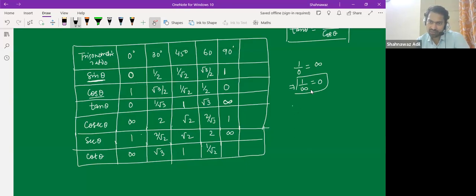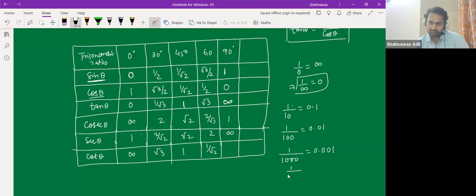Let's say that infinity is a very large number, right? Infinity means a very large number. Am I correct, guys? Yes. So if I have 1 by 10, this is 0.1. If I have 1 by 100, this is 0.01. If I have 1 by 1000, this is 0.001.